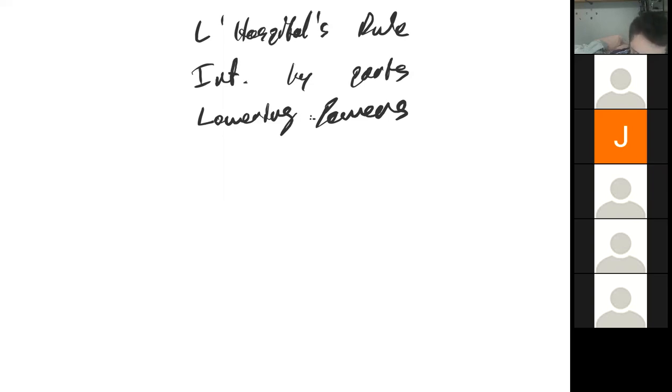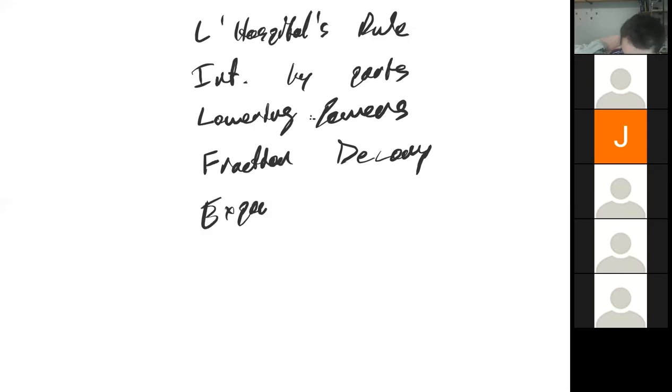Okay, so the other thing that you have to know how to do, which we haven't talked about yet, is fraction decomposition. And then you should know a little bit about exponential growth, which we covered in the first week of class. And the other thing that you should at least have seen before is computation of arc length, right?